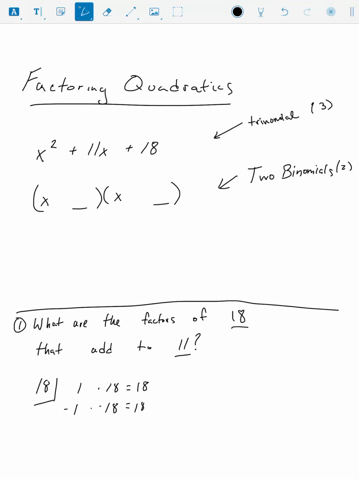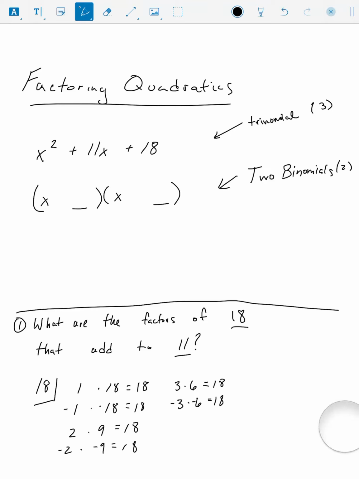There's a few more. We can try 2 and 9, or negative 2 times negative 9. And the last one that I'll write down here is 3 times 6, or negative 3 times negative 6. Now, out of these factors, which two add to 11?